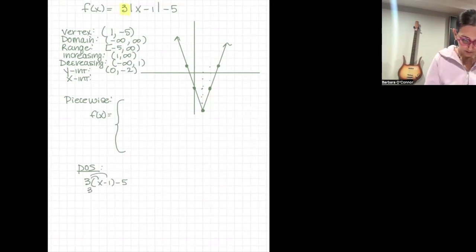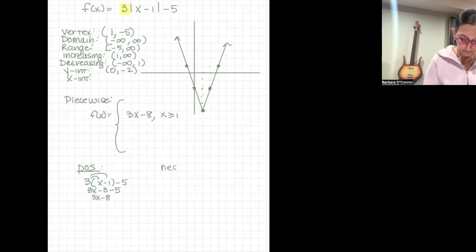So I have 3x - 3 - 5, which is 3x - 8. So y = 3x - 8 is this portion of the graph. That happens everywhere from 1 to larger. So this positively sloped portion applies when x is greater than or equal to 1.